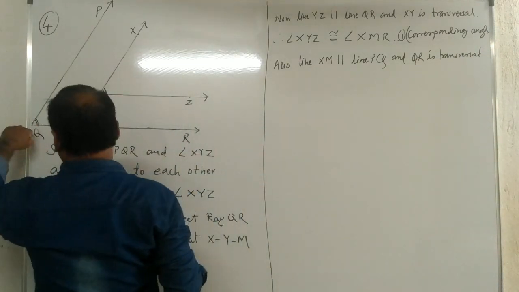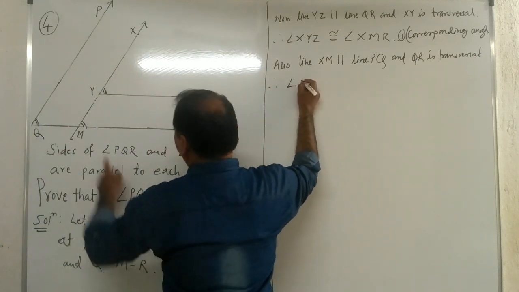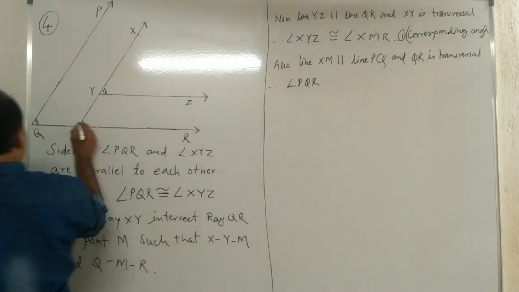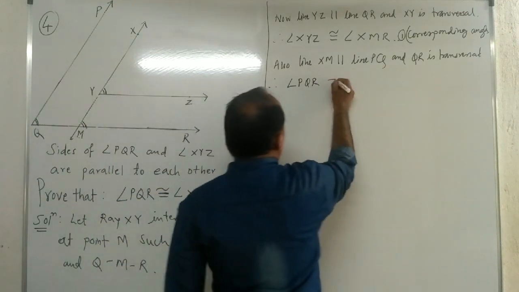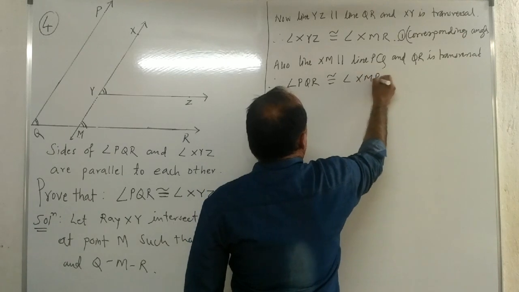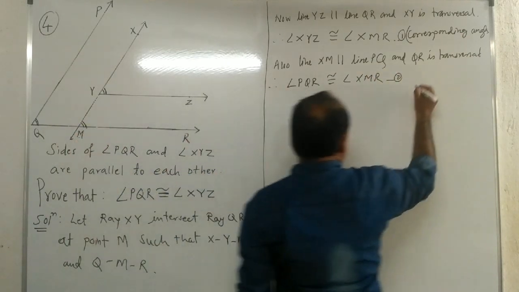This is parallel to this, therefore measure of angle PQR is congruent to measure of angle XMR. These are also two corresponding angles.